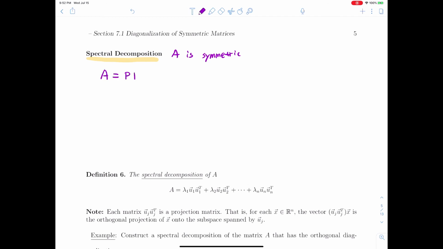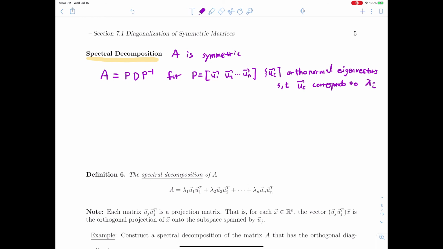So we have A equals PDP inverse, where P is given by U1 through UN, and the UIs are orthonormal eigenvectors, such that U sub I corresponds to lambda sub I.